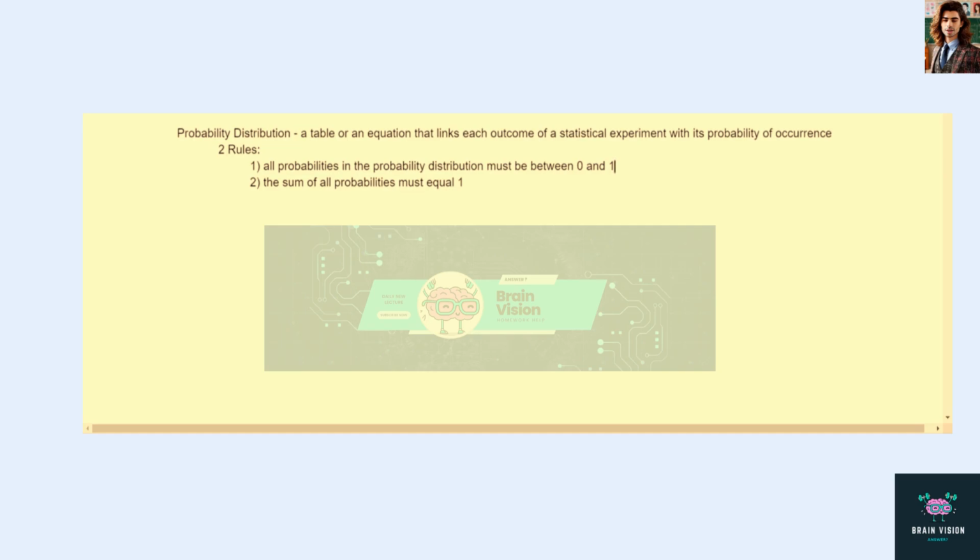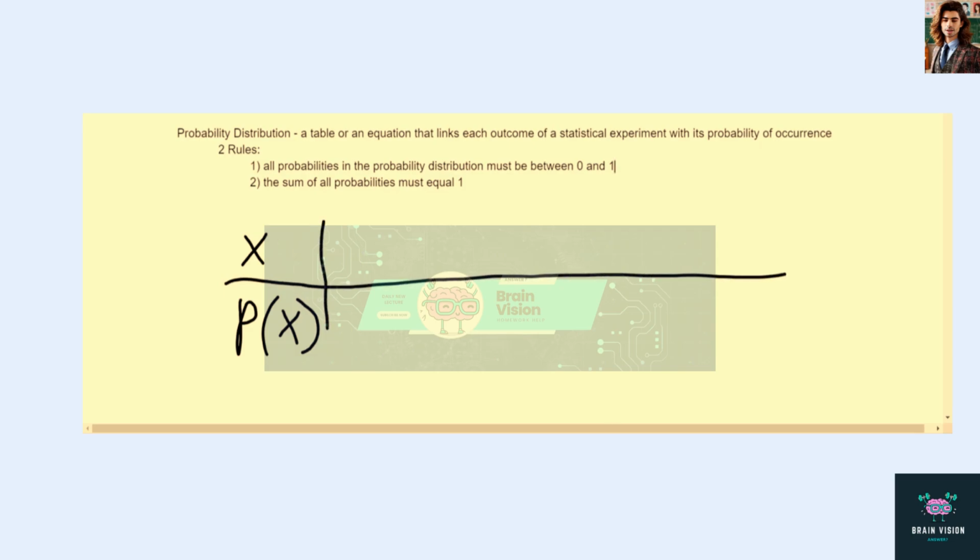Now, the distribution we'll be looking at today is our x over our probabilities of x. So today, our x's are -5, -3, 3, 0, 2, and 4.